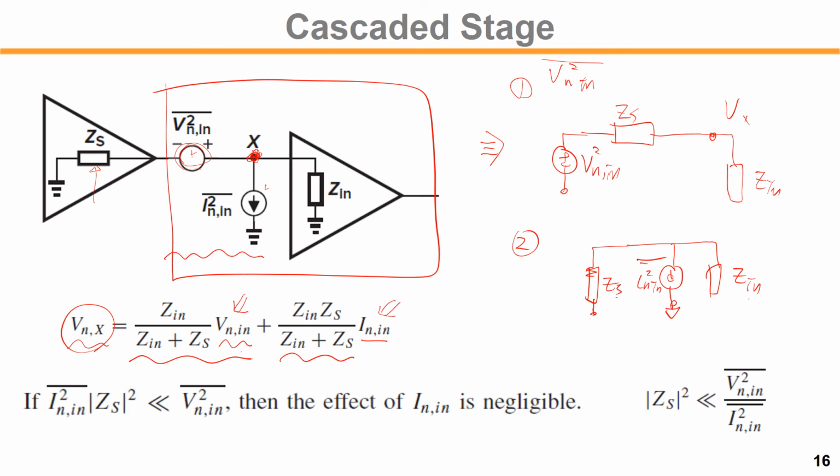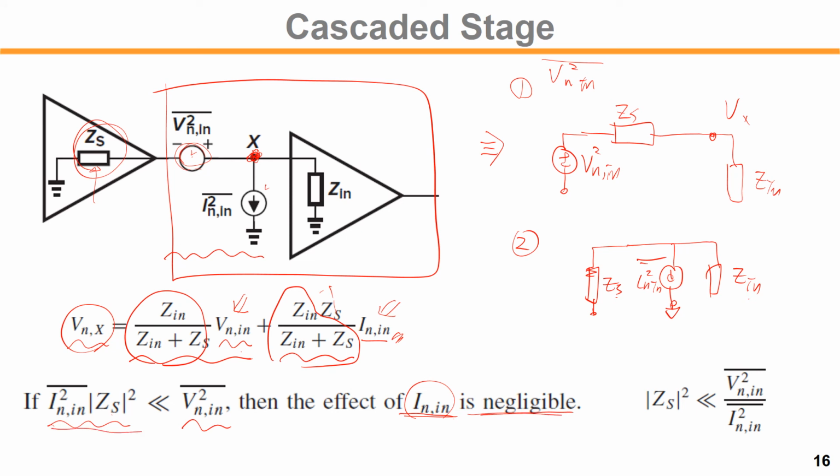Now, if we have the same factor here, right? So if GS times IN is much smaller than the noise voltage source, meaning GS is much smaller, then the effect of the IN is negligible.